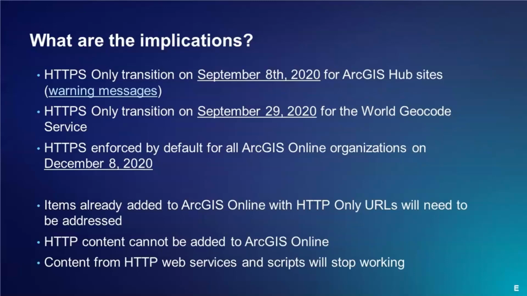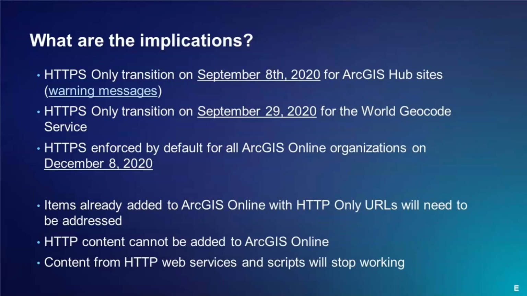Content from HTTP web services and scripts will stop working. These are just some things that you'll need to address before the HTTPS only standard is enforced, which we'll talk a little bit more about in parts 2 and 3. I just want to make a mention, there's a really important link in this page about your hub sites. So please refer back to this slide when we share it with all of you.